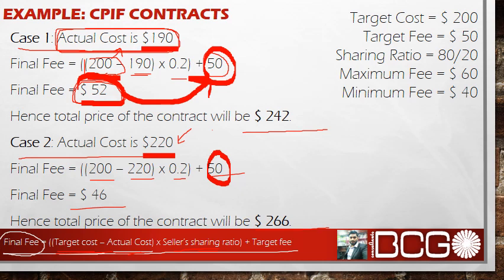So you can see this final fee of the supplier is less than that of the target fee, 50 US dollars. So he has got a penalty of $4 here.